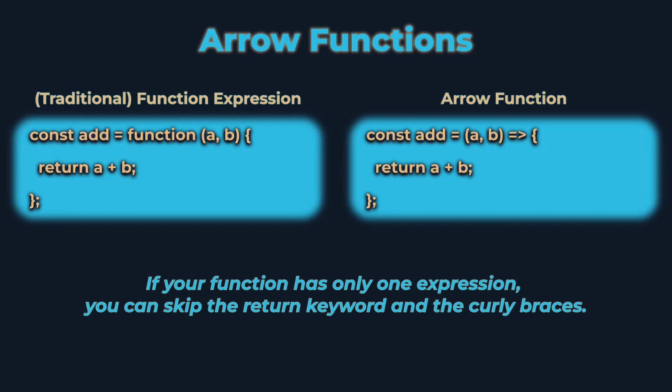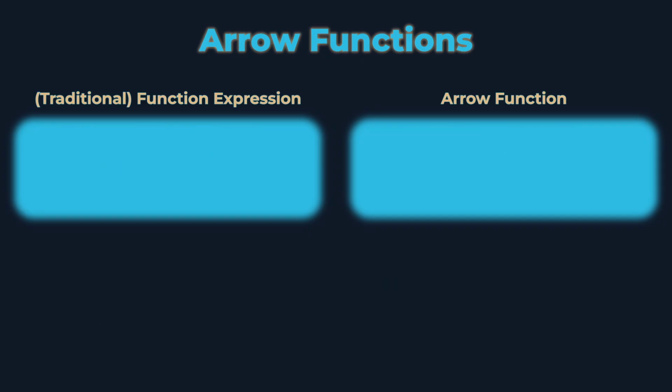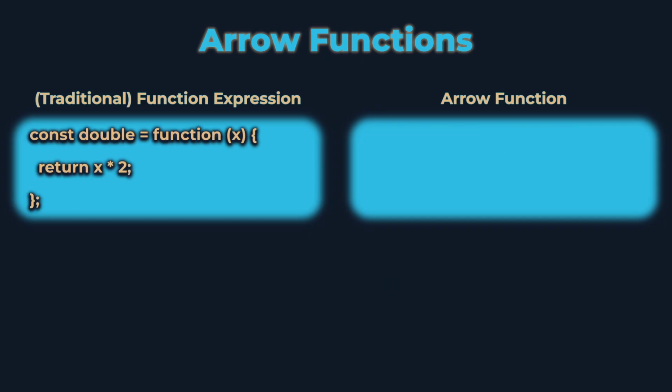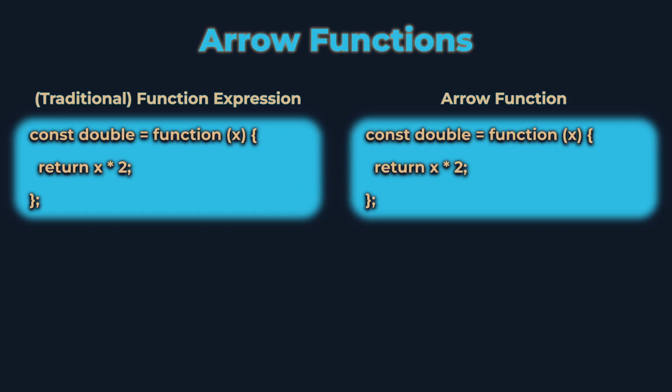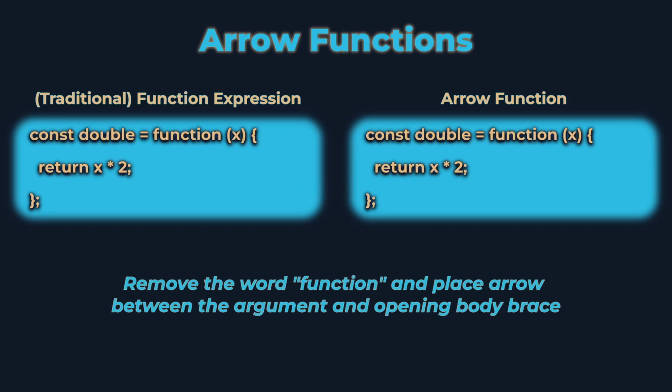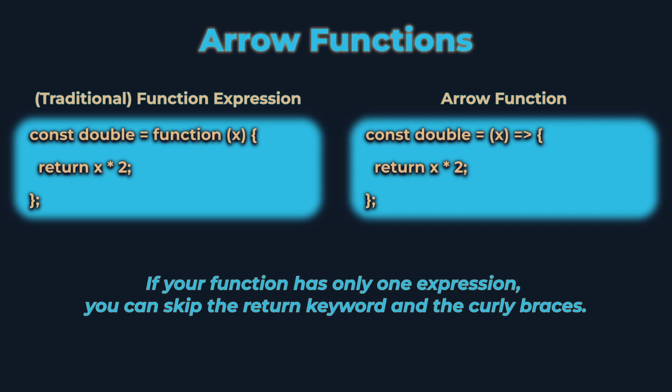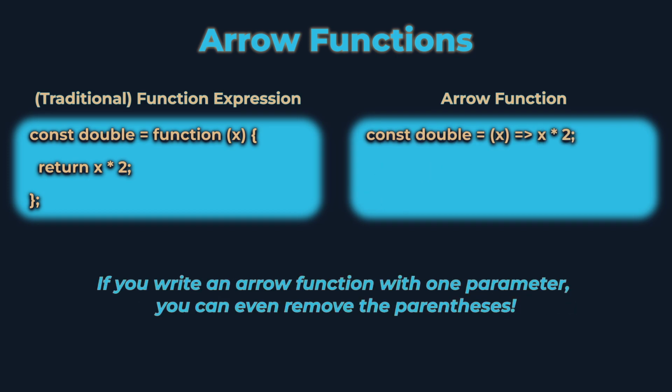If your function has only one expression, you can skip the return keyword and the curly braces. If you write an arrow function with one parameter, you can even remove the parentheses.